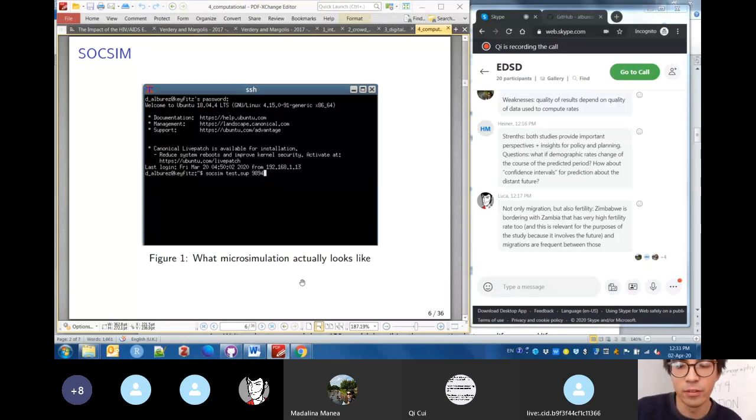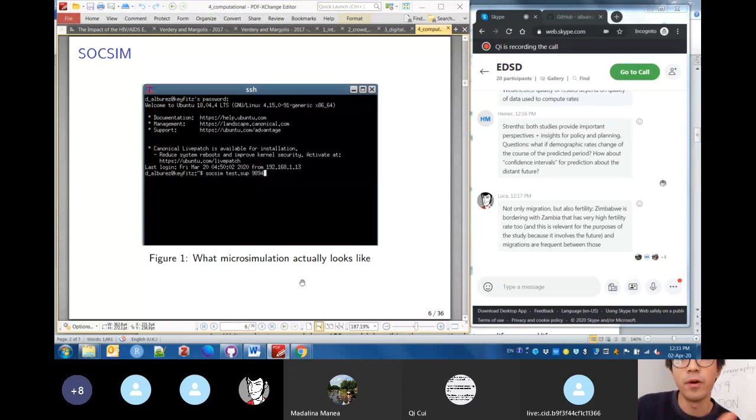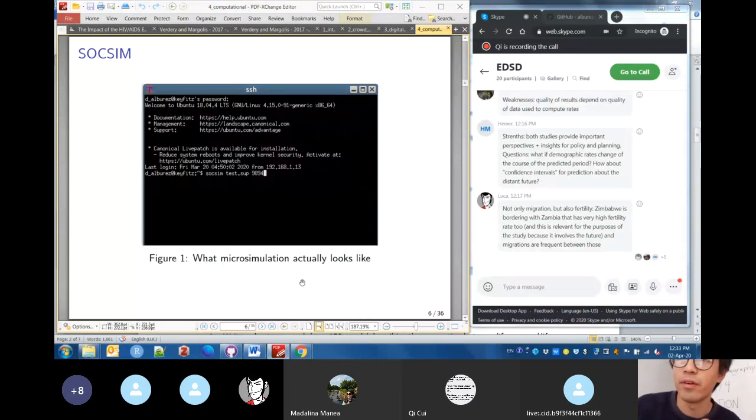In any given simulation segment, this individual can experience any of these events. And it depends: if you are 5 years old, then you cannot marry, for example. But given certain constraints, you can experience this type of events. Then SOCSIM looks at what demographic rates apply to this individual at the population level, and draws from a distribution and assigns the events in a given order.